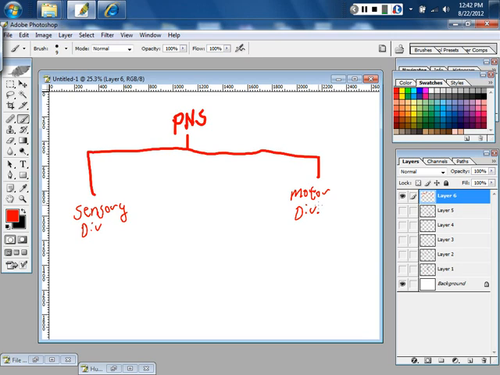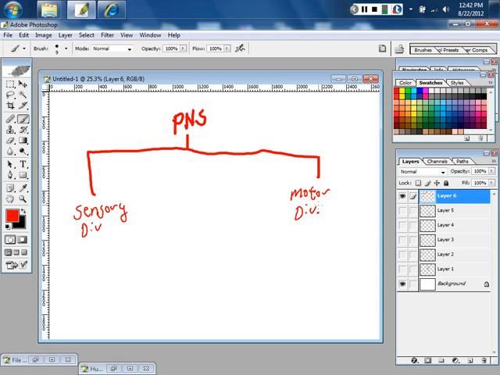And so before we continue, let's make sure we understand the 2 of these. So the peripheral nervous system has a sensory division. That means if something touches my arm or touches my hand, there are nerve endings in my hand that send that information up my arm to my spinal cord, to my brain, and now I know I felt something. That's sensory. Does that make sense?